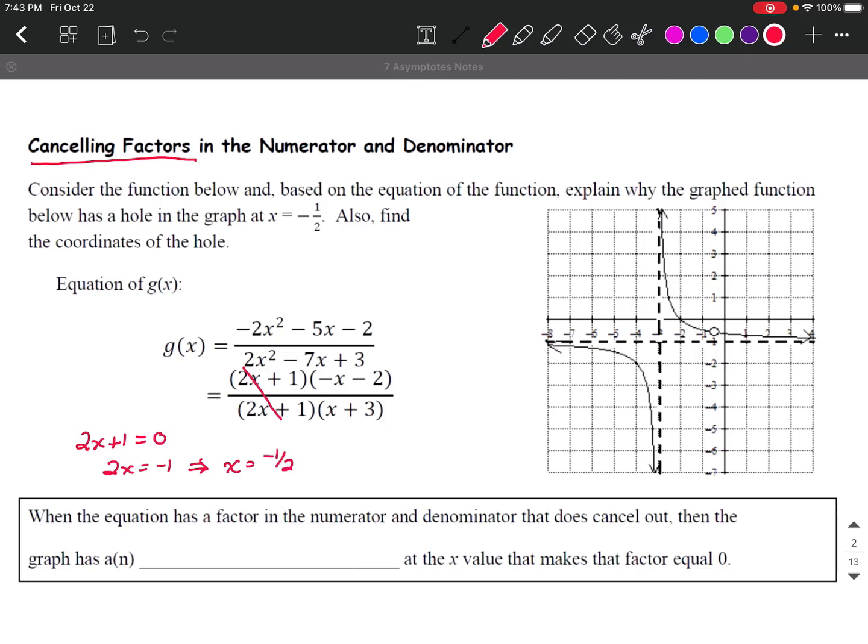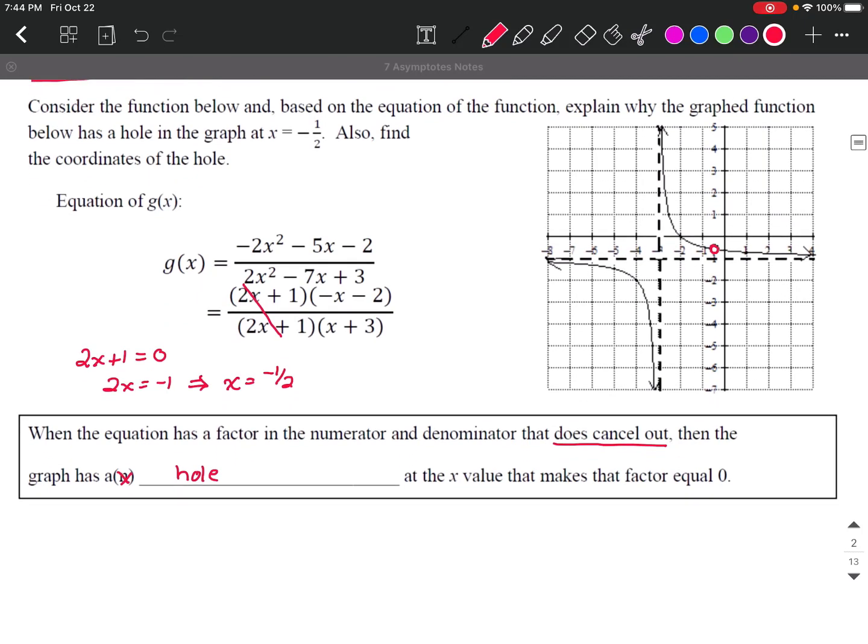What's happening on our graph when x is -1/2? Look at this. That's where there's a hole. So when an equation has a factor in the numerator and denominator that does cancel out, then the graph has a hole at the x value that makes the factor equal to 0.